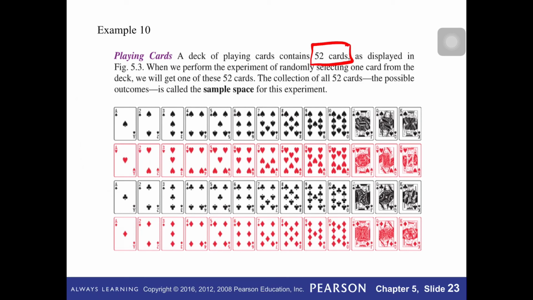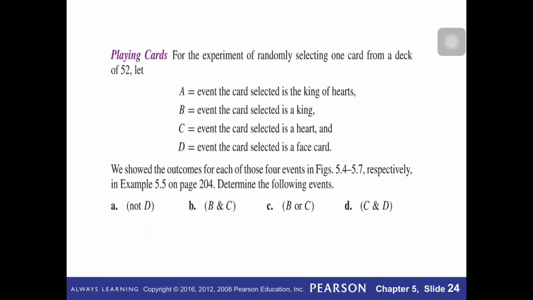You know that we will have 52 cards, including picture cards and non-picture cards. So if you consider a deck of playing cards, you will have 52 cards. These are all the possible outcomes. Clear?